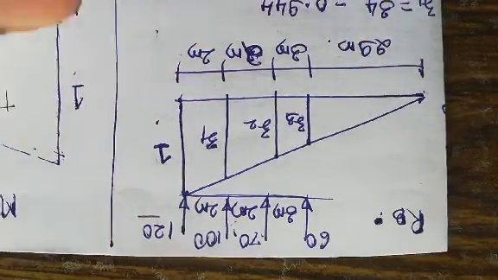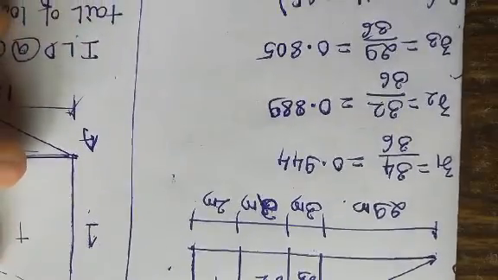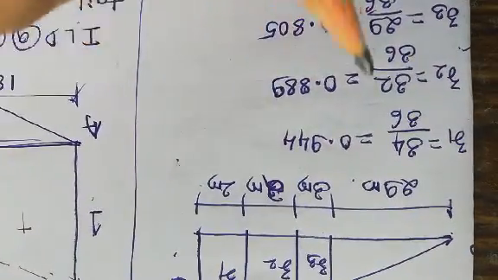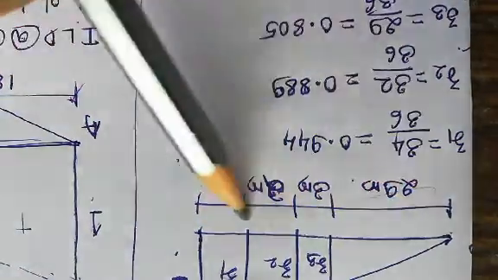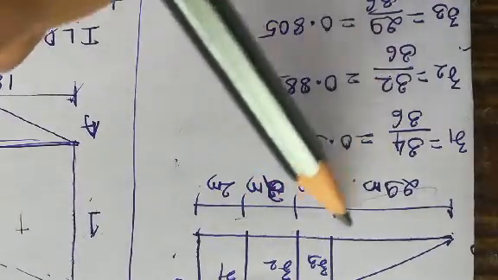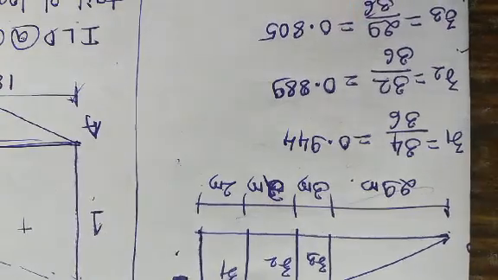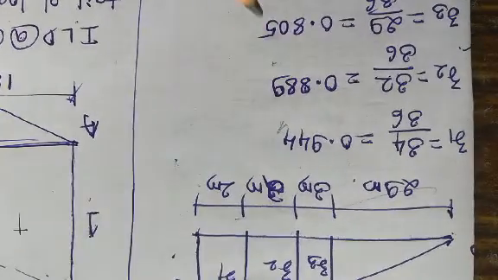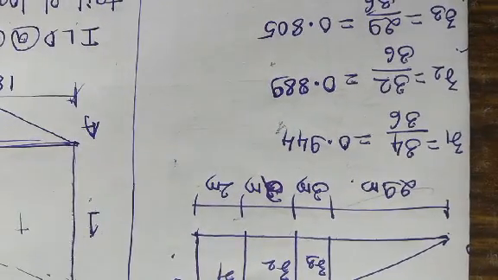How do we do it? By using our similar triangles. Z1 will be 34 divided by 36, Z2 will be 32 divided by 36, and Z3 is 29 by 36. So these are the values for Z1, Z2 and Z3.